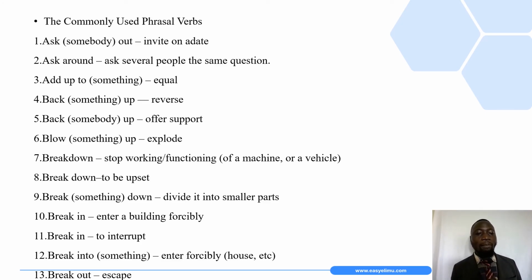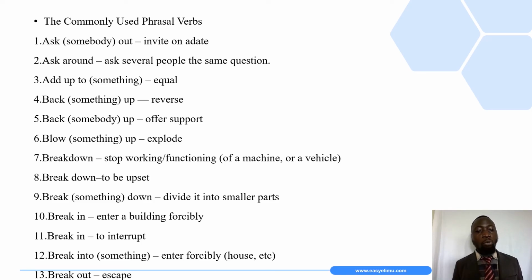We have back somebody up, that is to offer support. There is blow something up, that is to explode. We have breakdown, meaning to stop working or functioning. It is commonly used of machines and vehicles. Breakdown is also used to mean to be upset. Then again, to break something down is to divide it into smaller parts.